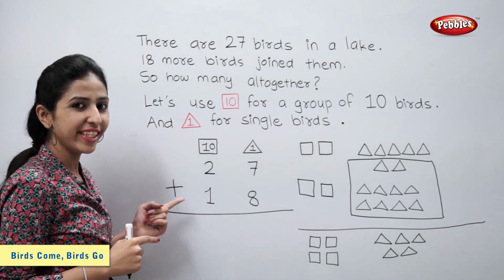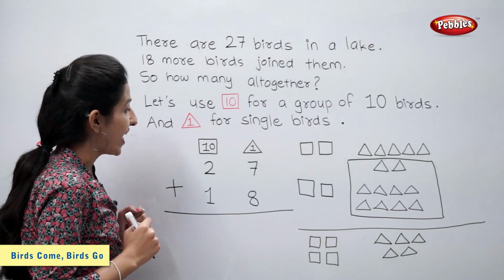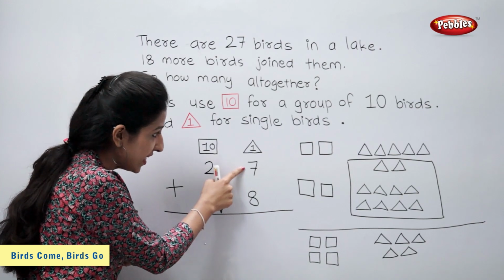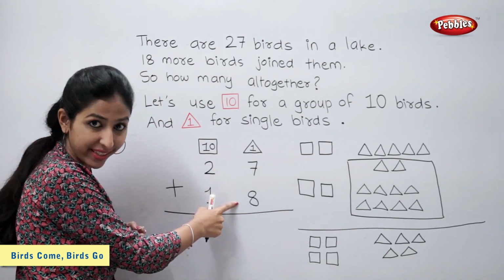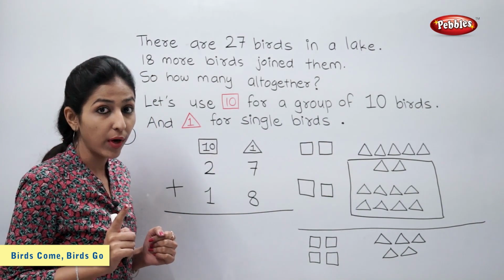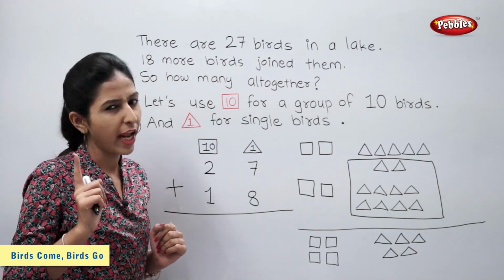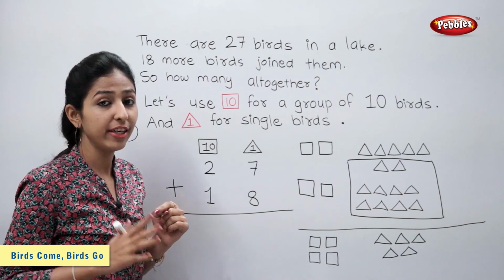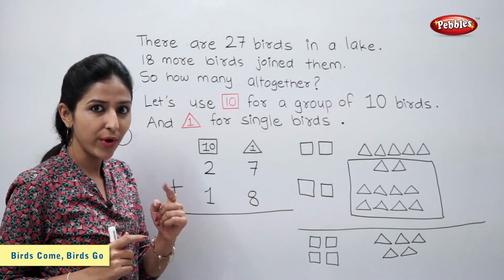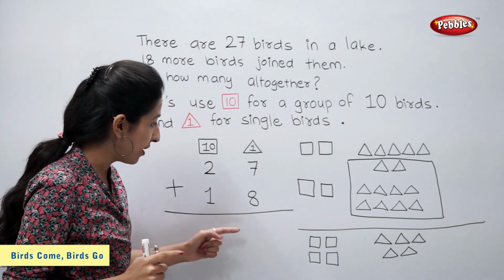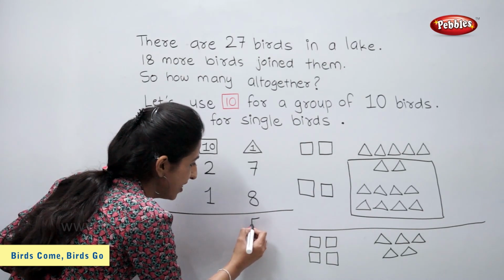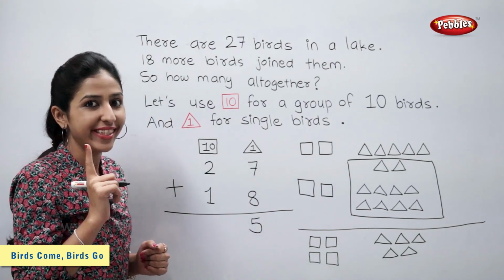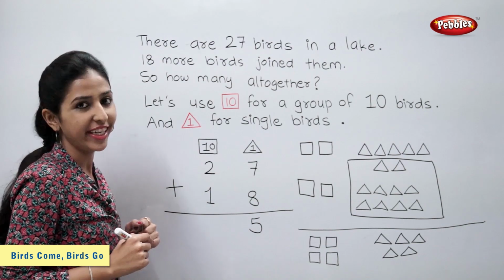Let's solve it this way. We can say that 7 plus 8 is equal to 15. Now we know 15 means 1 tens and 5 ones. So let's write 5 in ones column and 1 tens carry forward in tens column.